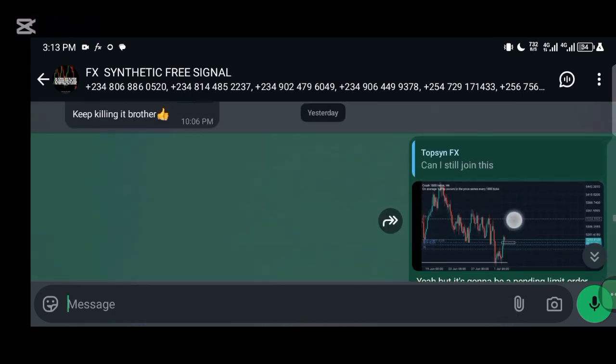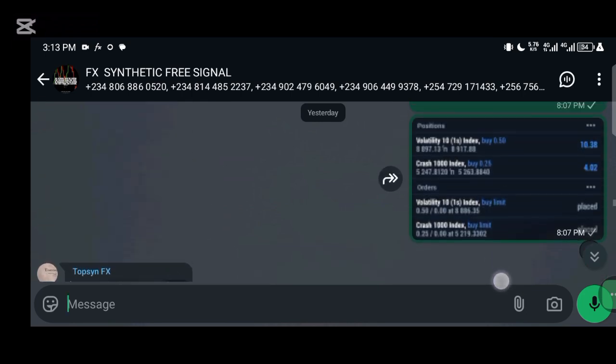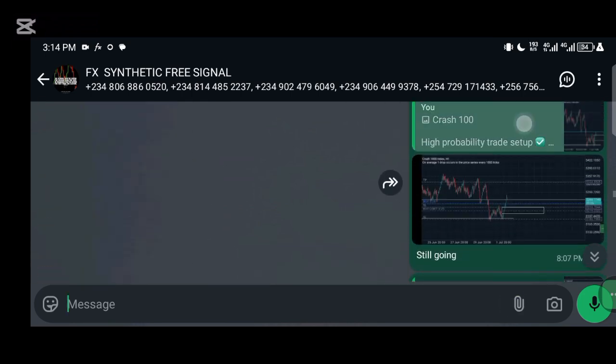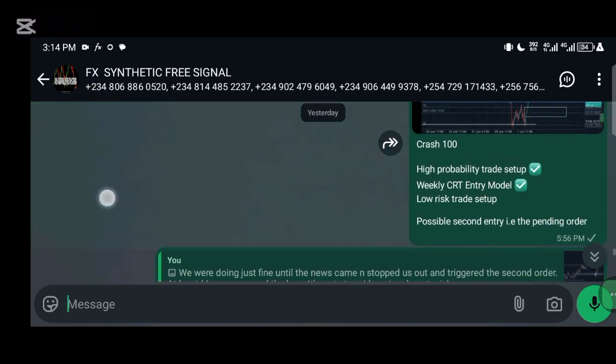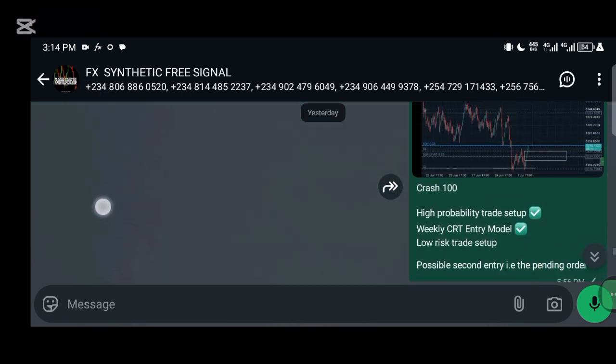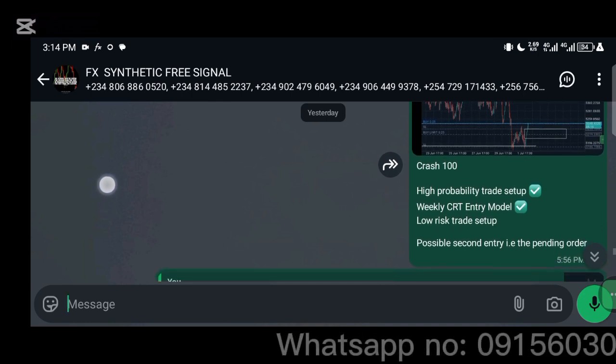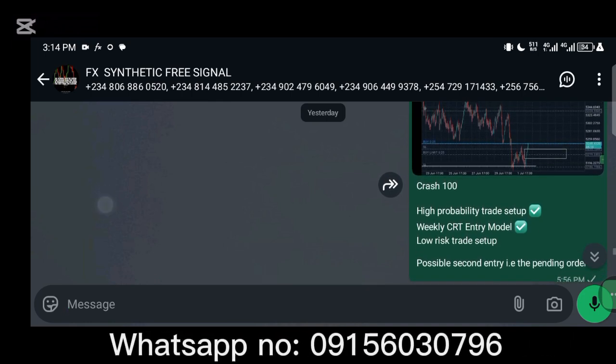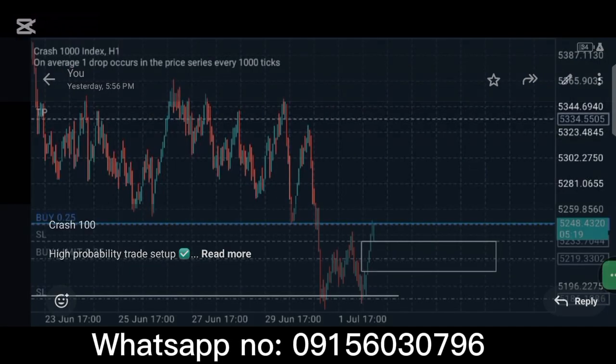So let me show you something. I'll show you where I called that trade. It was two trades, but I'm talking about Crash 1000. So this is what I wrote here: Crash 1000 high probability trade setup, weekly CRT entry model, low risk trade setup, possible second entry at the pending order. Now if you look at this picture, I talked about the breakaway gap.